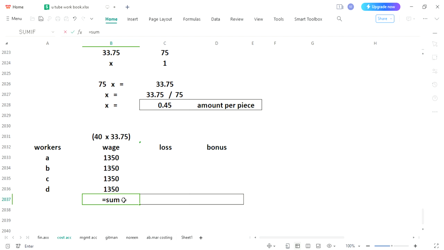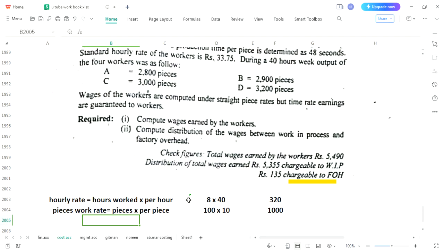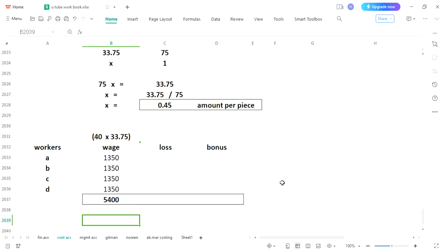So we are going to take sum of these four workers. So in this way, this 5400 is total amount of wages which workers will receive. Go back to the question and you can see that half of the question we have solved, 5400 is the amount of wage.